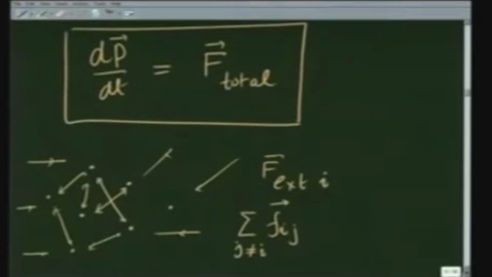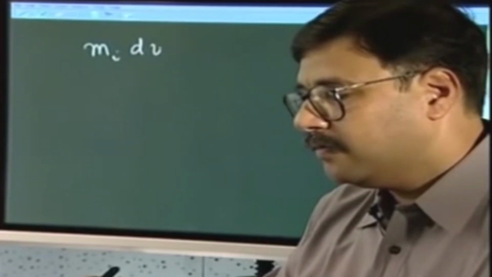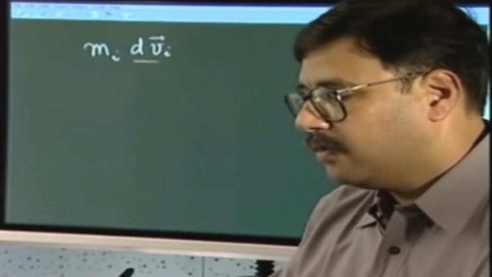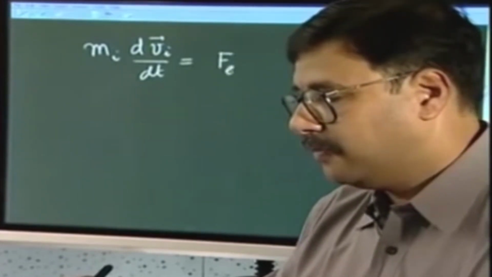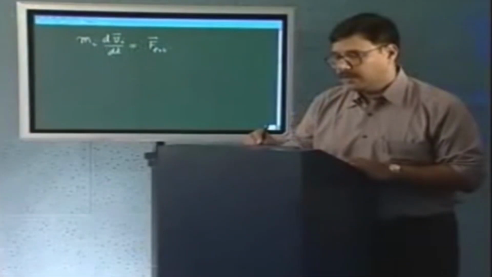So if I write the equation for the ith particle, it is going to be mi dvi/dt equal to F external on the ith particle plus the forces due to all the other particles, which is the summation over j, j not equal to i, of Fij.